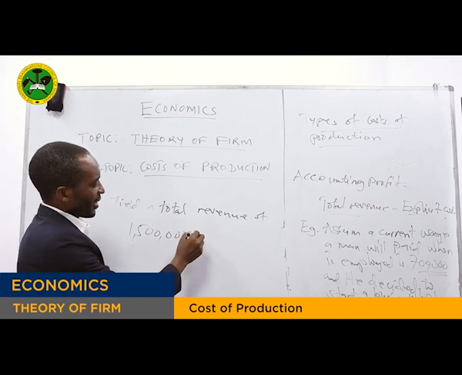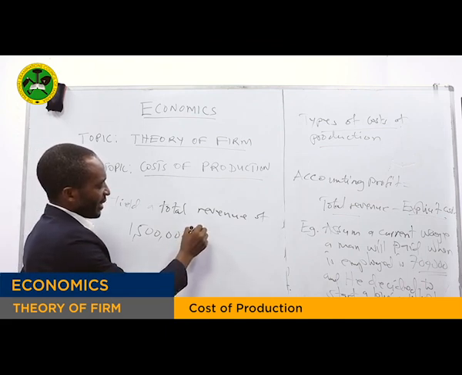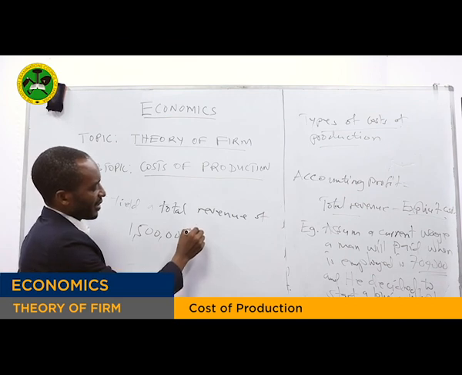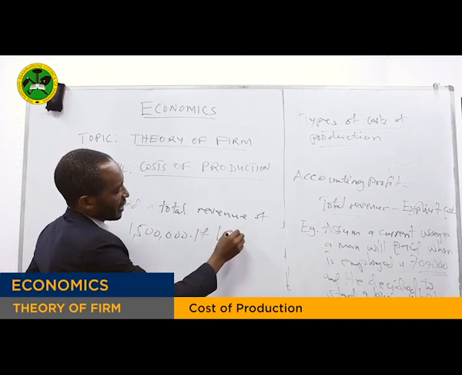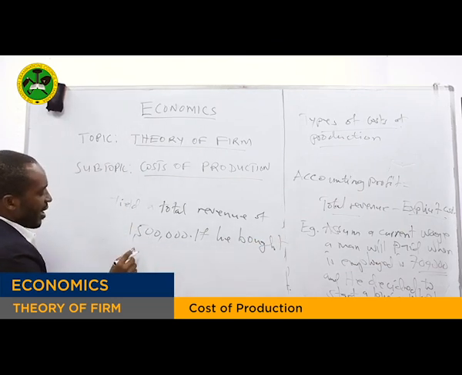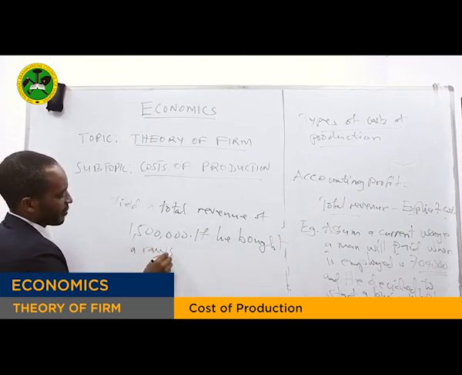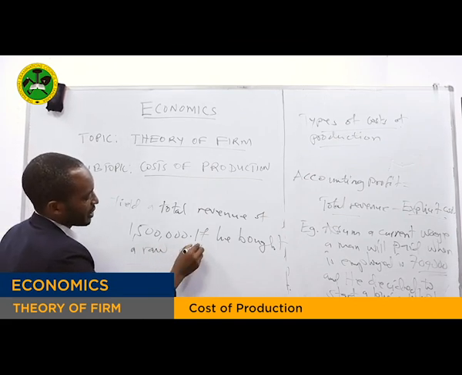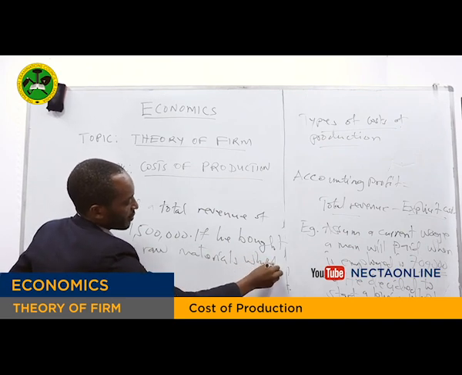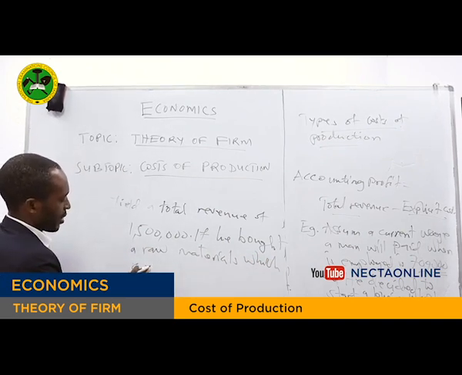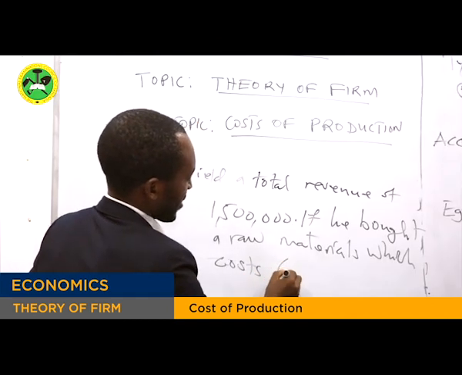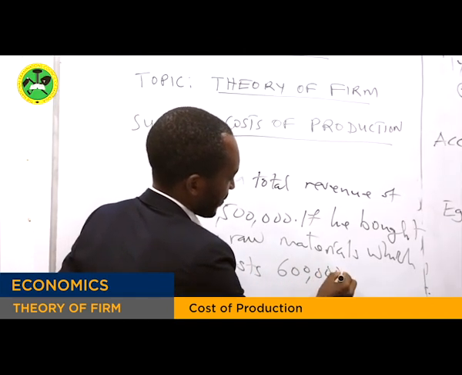Now, let's say in his business he bought raw materials which cost 600,000.